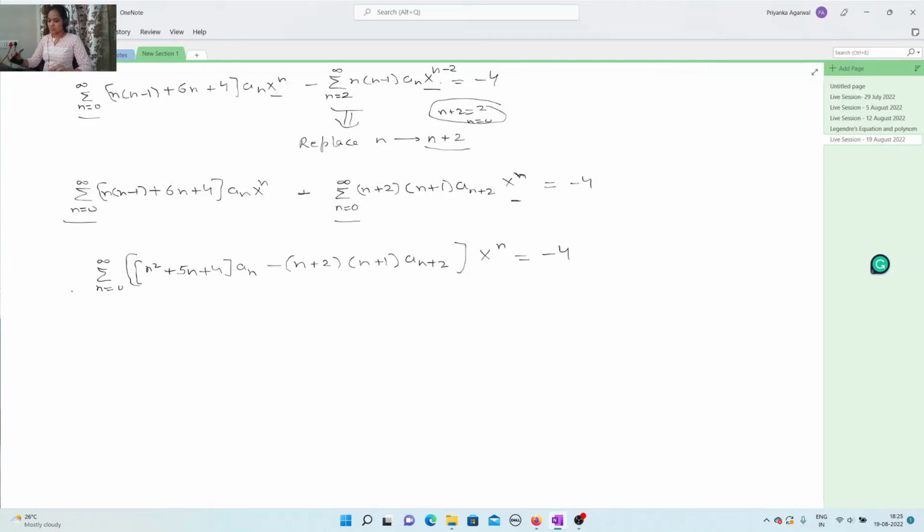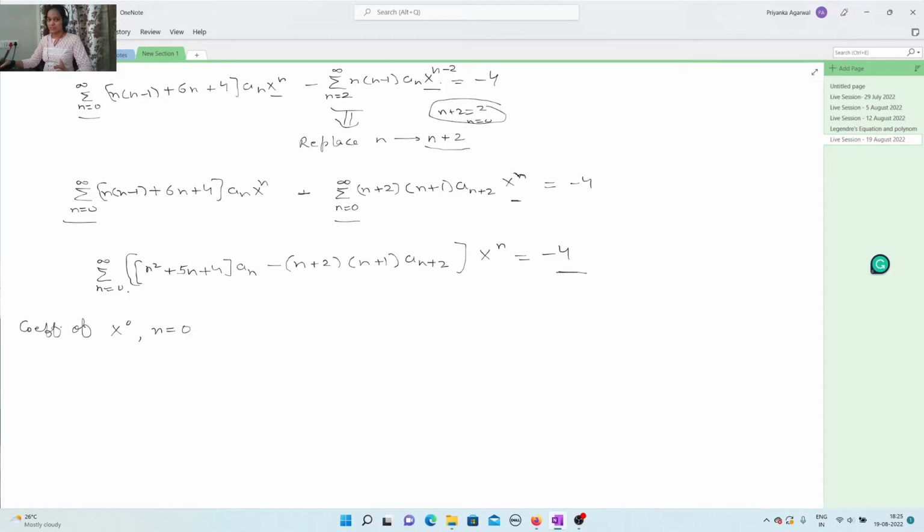Okay. Now for these two sides to be equal, we have to check the coefficient of x at the left hand side and right hand side. So the coefficient of x to the power 0, that is n equals 0. x to the power 0 will be 1, so this will be a constant, and that constant should be equal to minus 4.